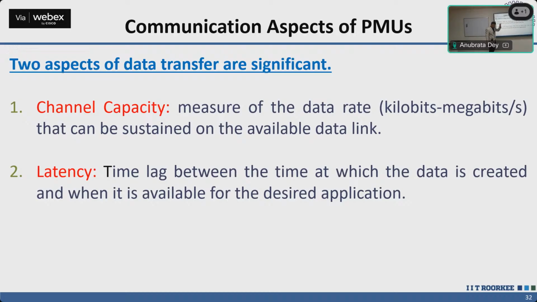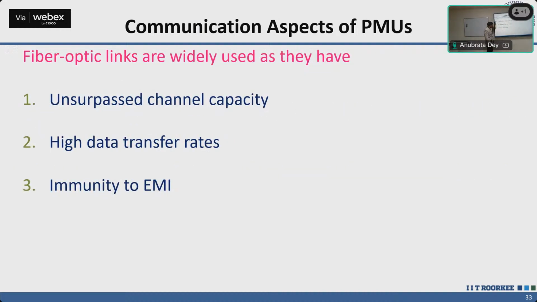Latency is defined as the time lag between the time at which data is generated or created and the time at which it is available for the desired application. So when the PMU creates the data and when it is available to the PDC, that difference is nothing but the latency time. So these two are very important points.